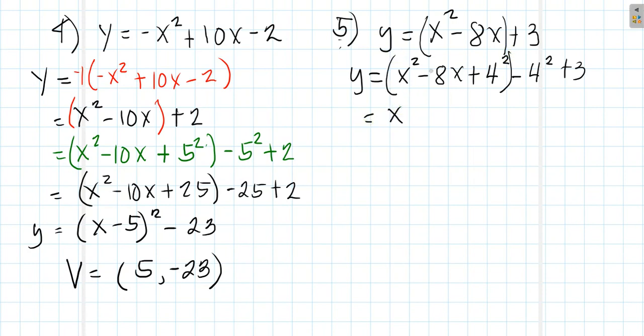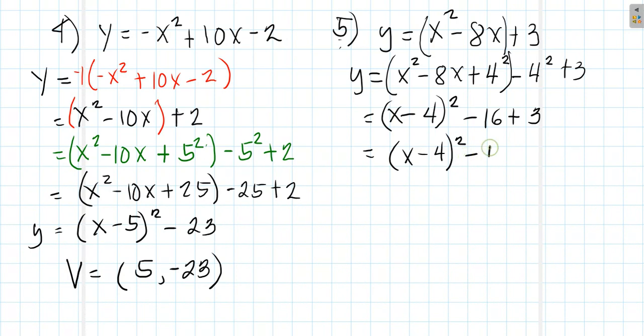We have here x minus 4, the square root of 16 is 4, then squared. We have here 16 plus 3. This is not negative 4 times negative 4. That is minus 4 squared, which is equal to minus 16. So we have now x minus 4 squared. So negative 16 plus 3 is equal to negative 13. So therefore, your vertex is 4 and negative 13.